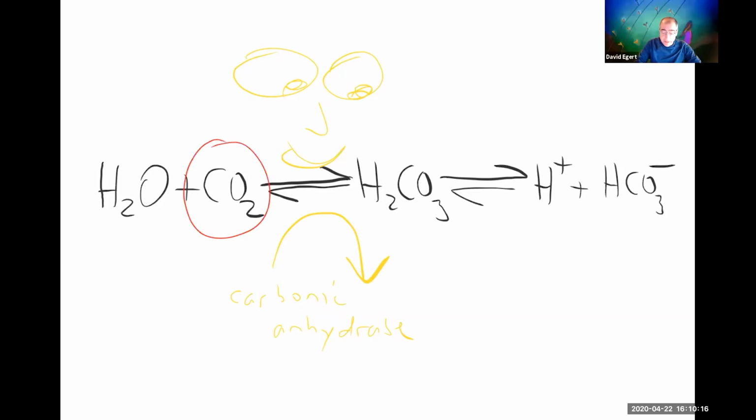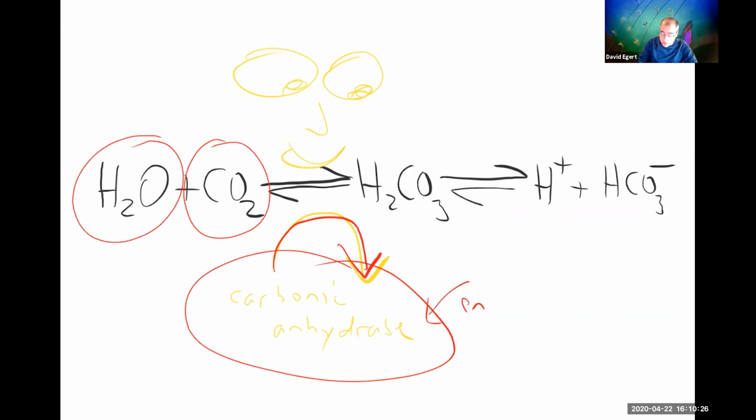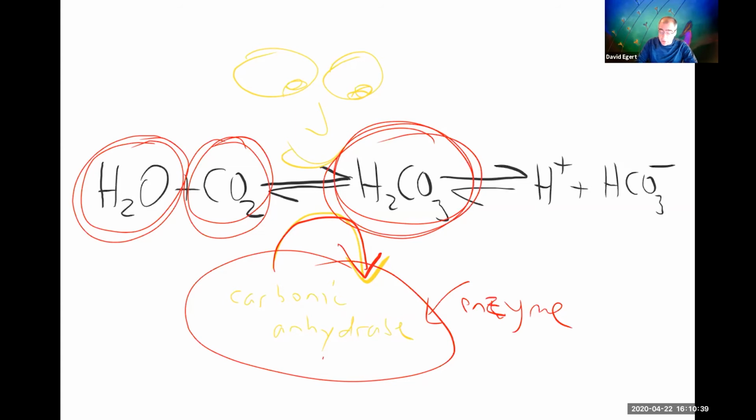So carbon dioxide enters into your blood. And then it turns out there is this reaction that is catalyzed by this enzyme, which the red blood cells have, so it's all over the place here. This enzyme takes an H2O and a CO2 and assembles them into this thing, which we call carbonic acid.